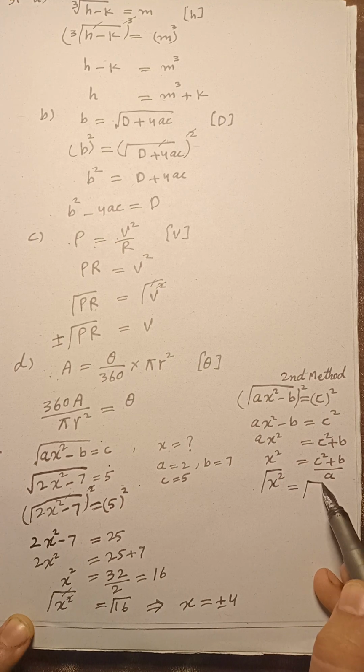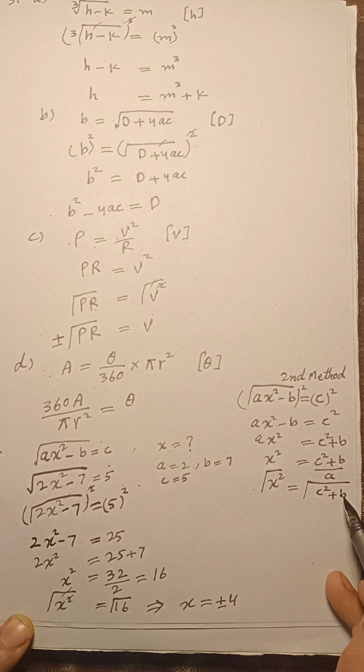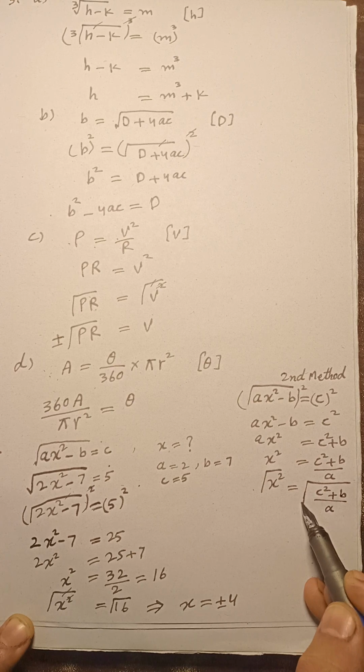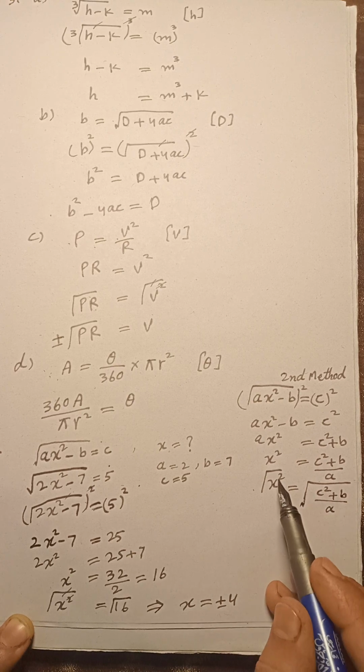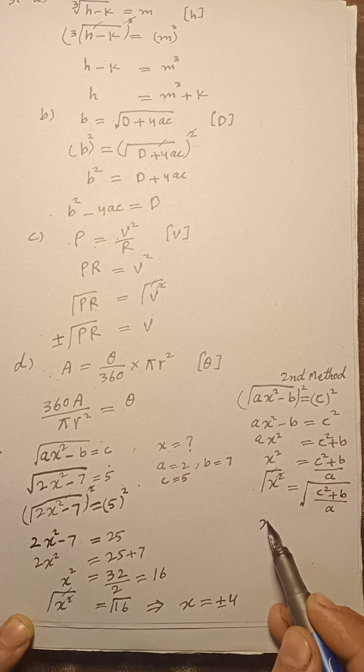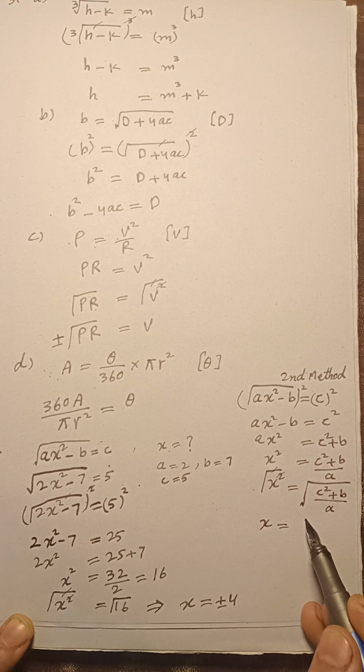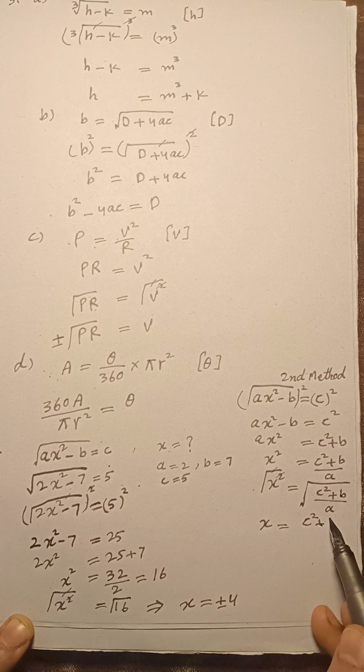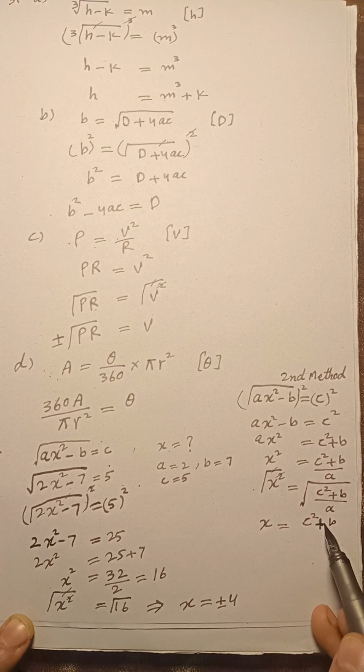So take square root of (c square plus b) over a. I have taken square root on both sides. Now this square can be cancelled by the square root, and x is equal to square root of (c square plus b) over a here.